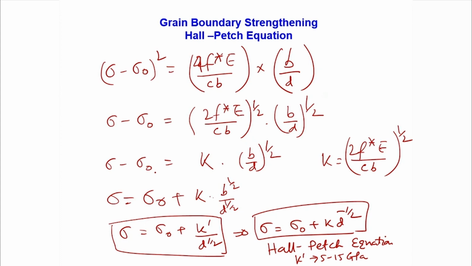Because as you know, the smaller the grain size, the more the grain boundary area. So the more the grain boundary area, the more the strength should be, but we are seeing the opposite. We are seeing the strength going down. That's why it is called grain boundary softening. Softening means the material is becoming softer and softer as the grain size decreases. Now the question is, why does it happen?